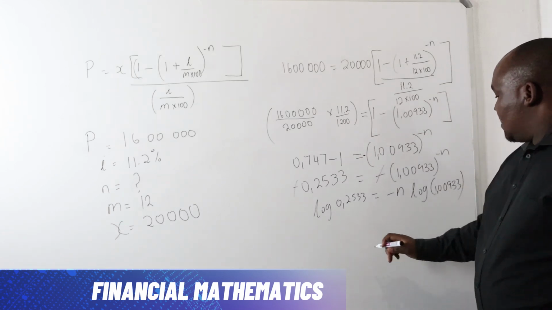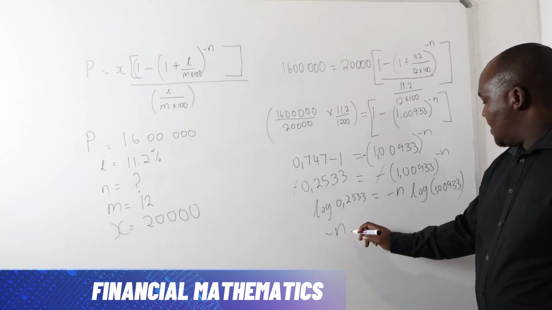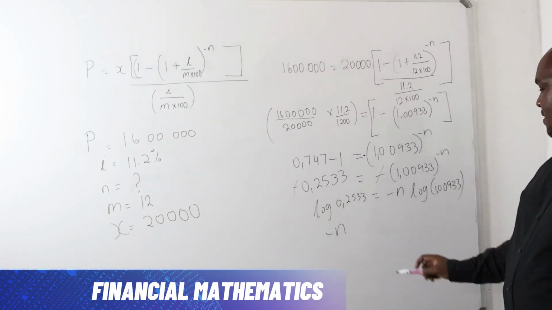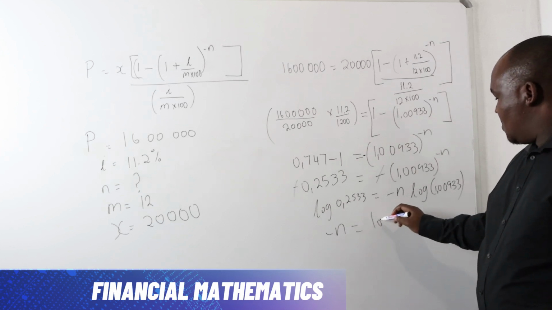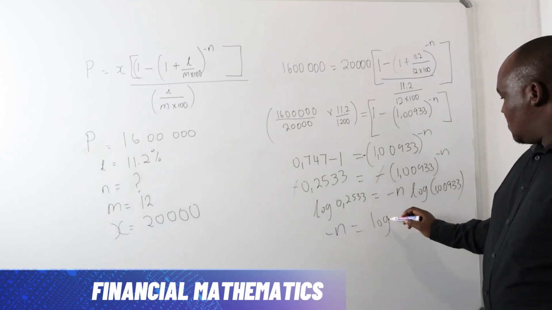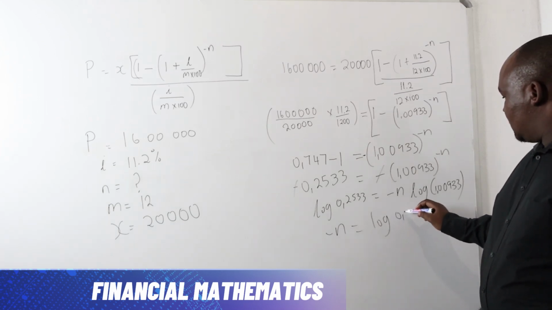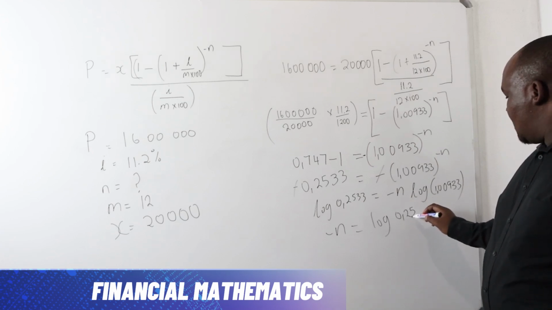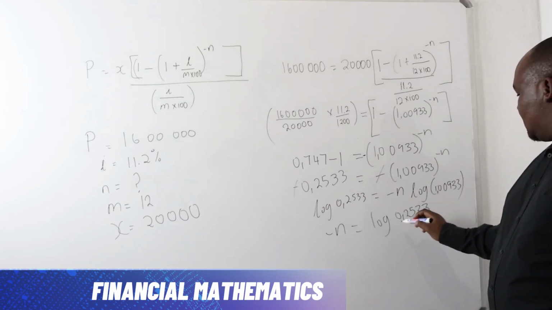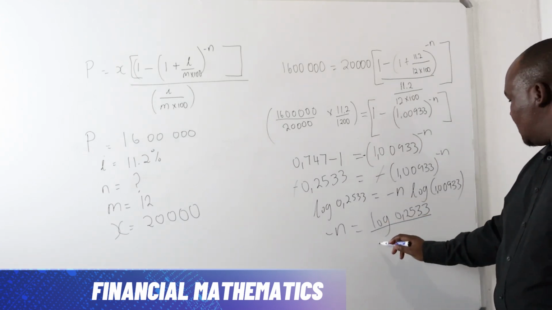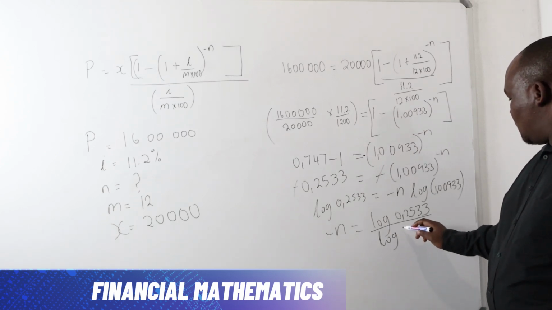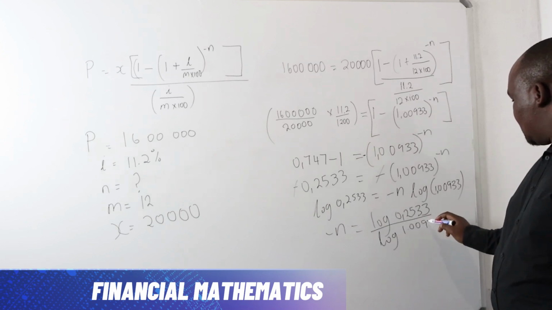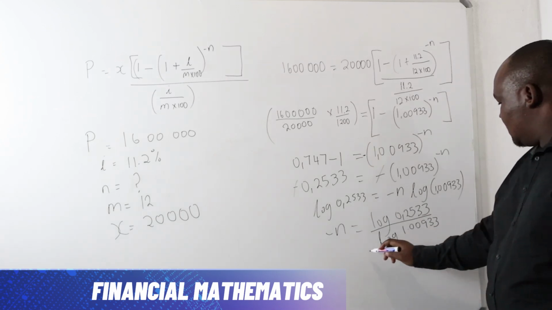After that, you can say negative n is equal to log 0.2533 divided by the log of 1.00933.